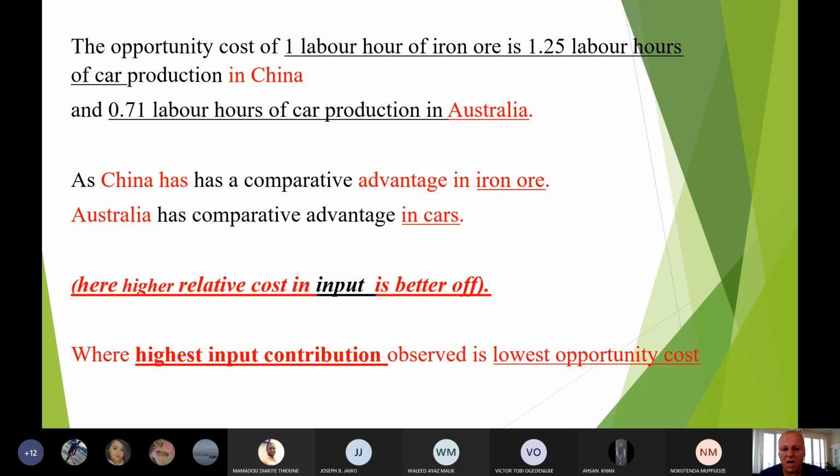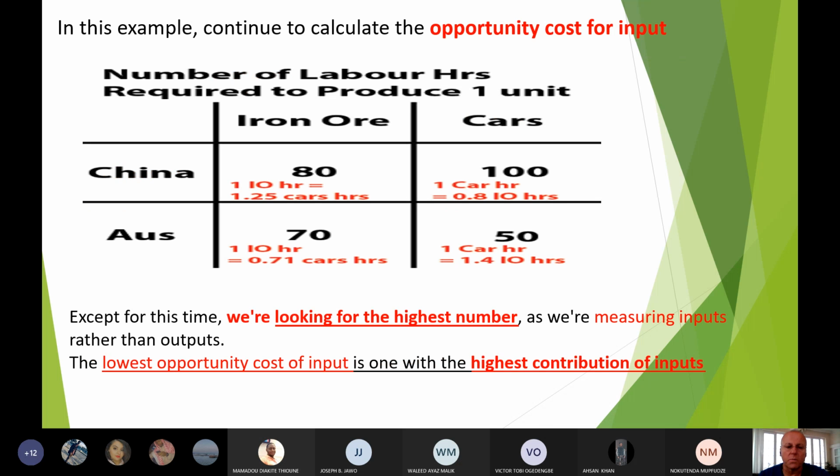China has the advantage in iron ore because, as you are observing, it is higher in the percentage comparison. 1.25 for iron ore belongs to China, and for Australia, car production is very competitive.